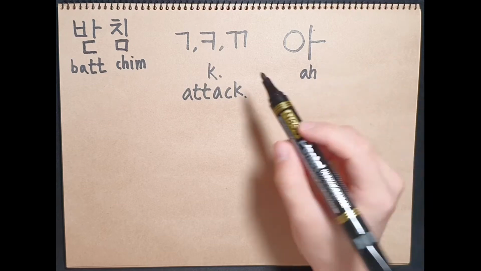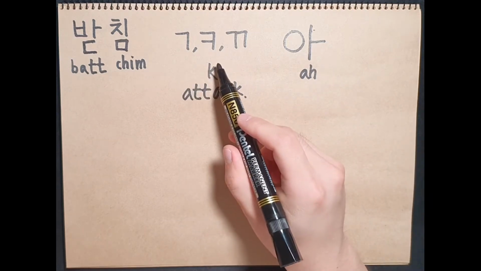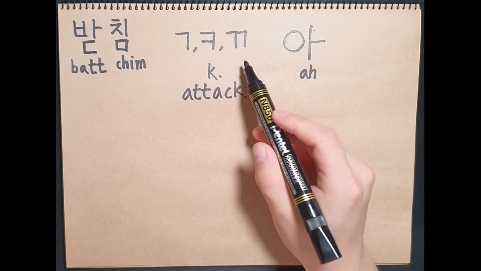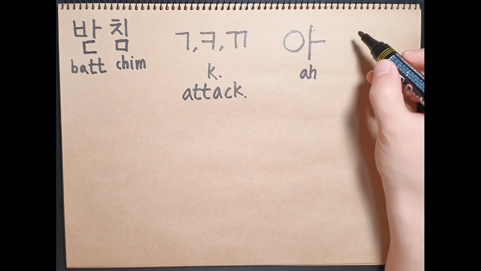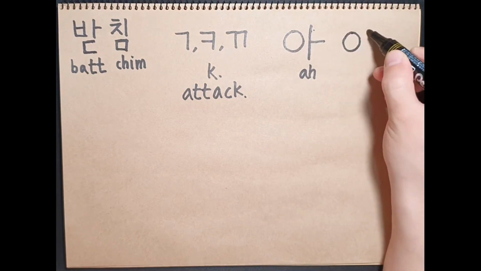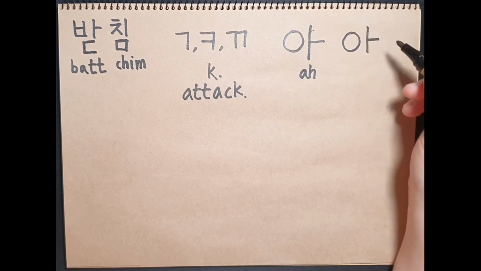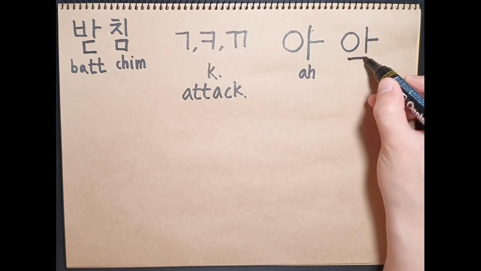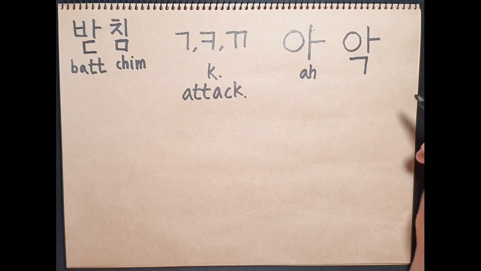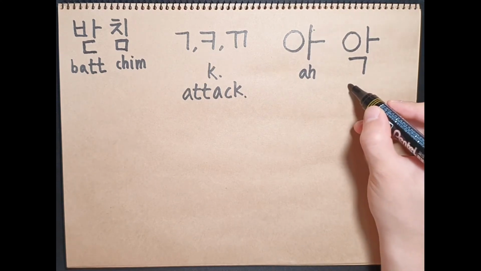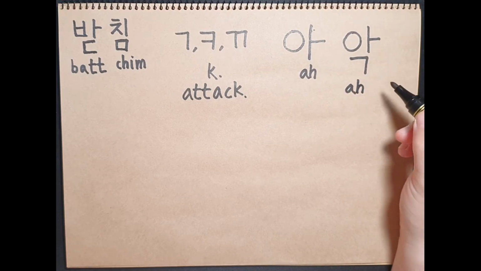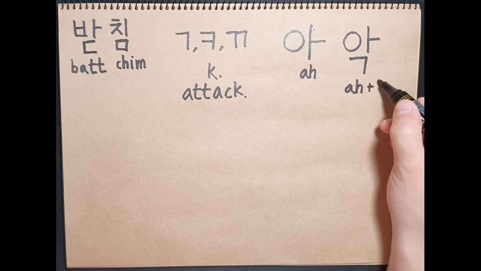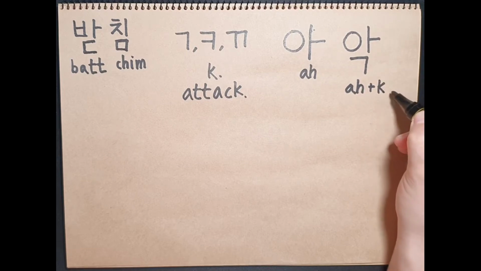And let's add 기역 and 쌍기역 at the bottom of this letter a. First, we're going to add 기역, 악. So with a, you add a K sound at the end.